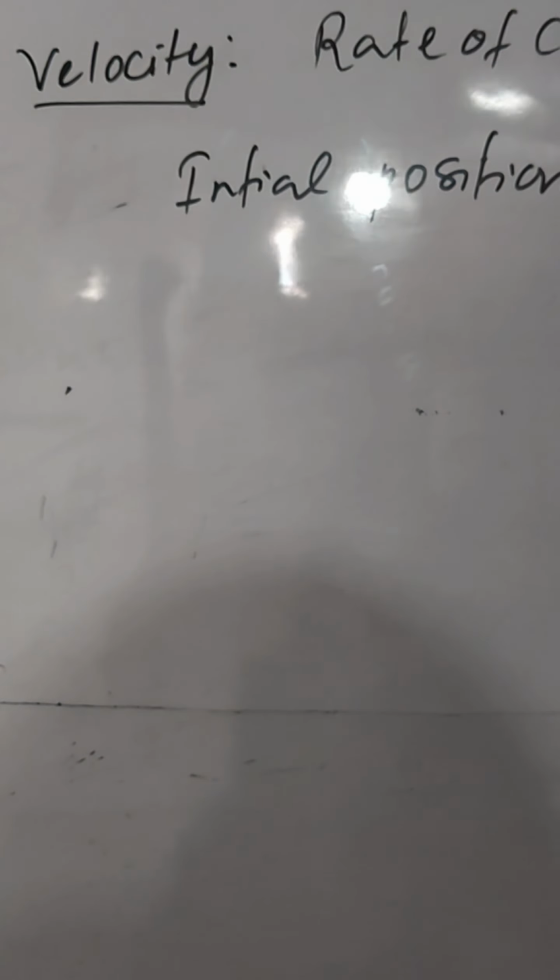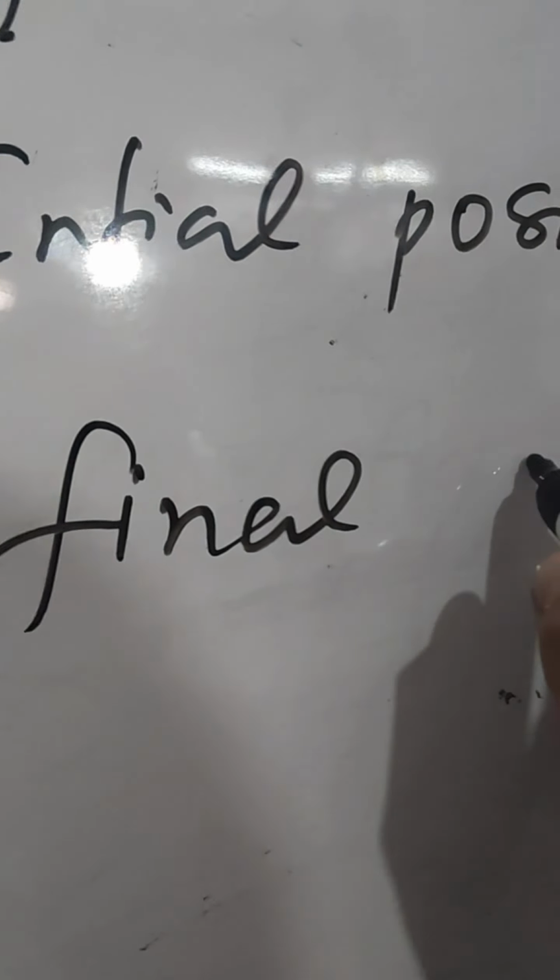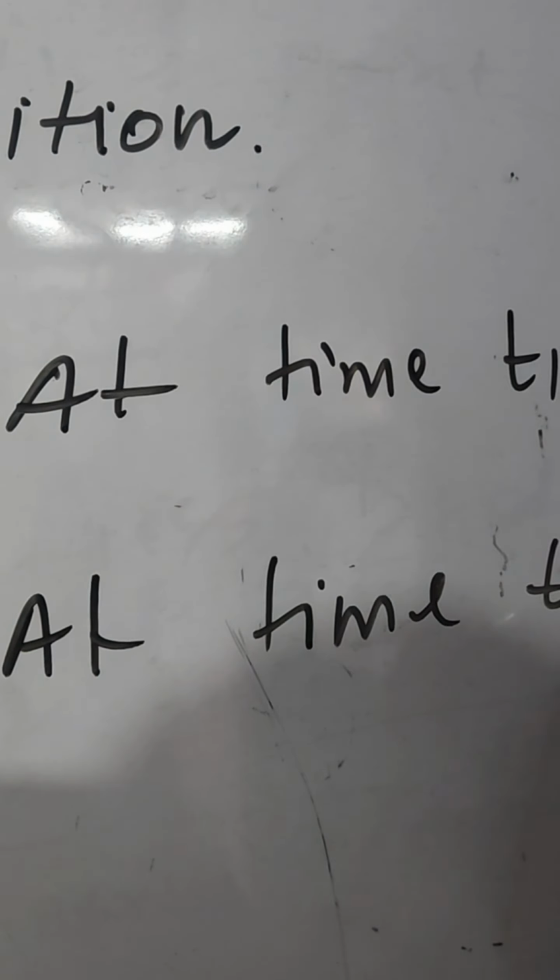Therefore, we need to understand it first in one dimension. So the initial position is x1, and the final position would be x2, at time t1 and time t2.